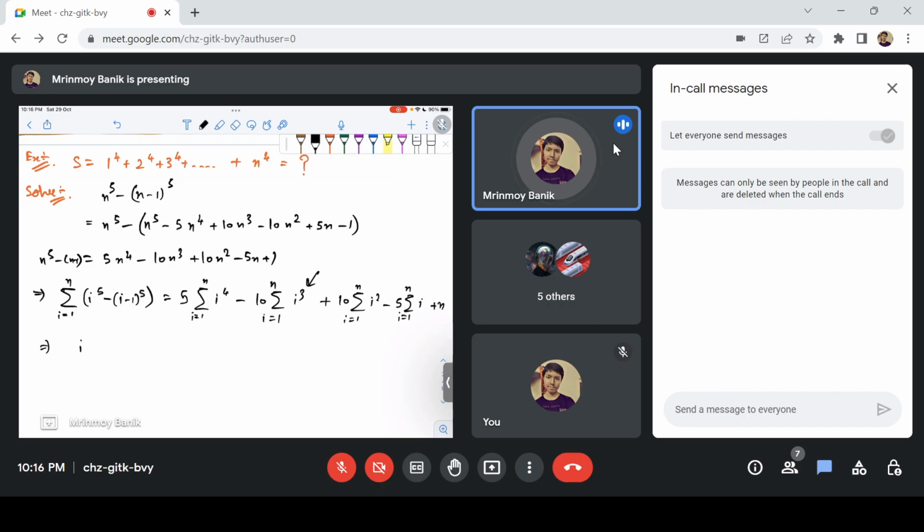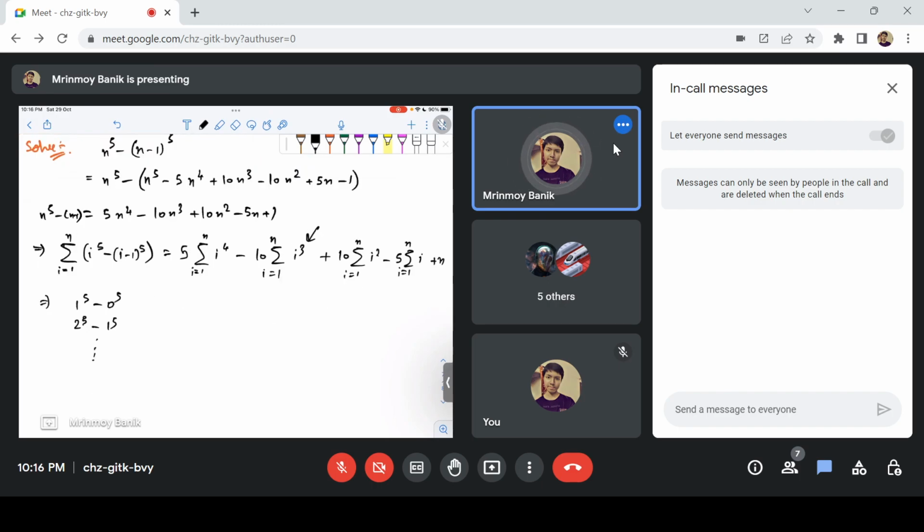This is, as always, 1 power 5 minus 0 power 5, 2 power 5 minus 1 power 5, like that up till n power 5 minus n minus 1 power 5. So this is n power 5.